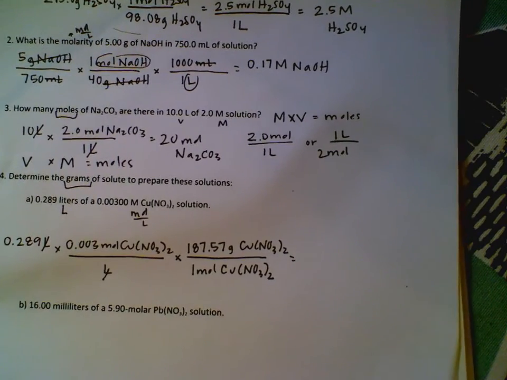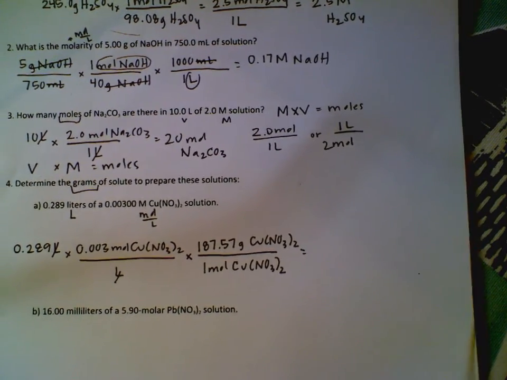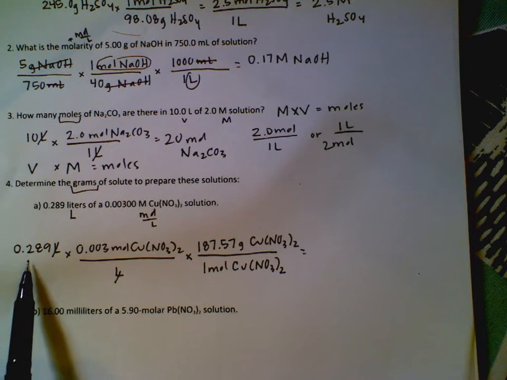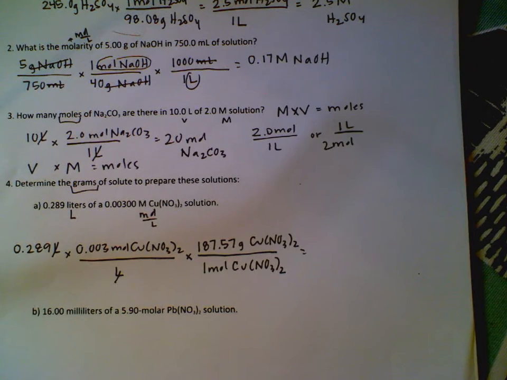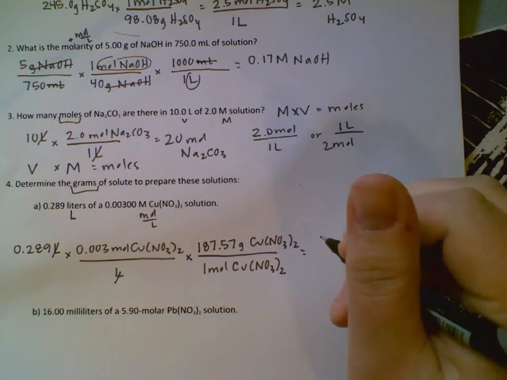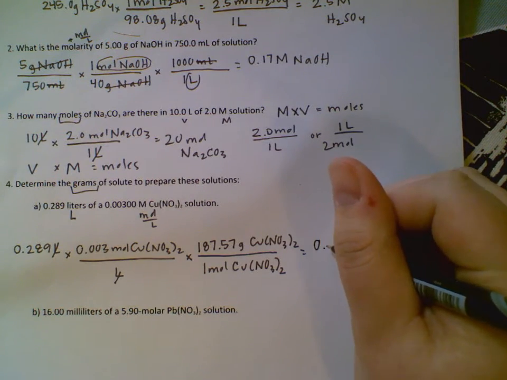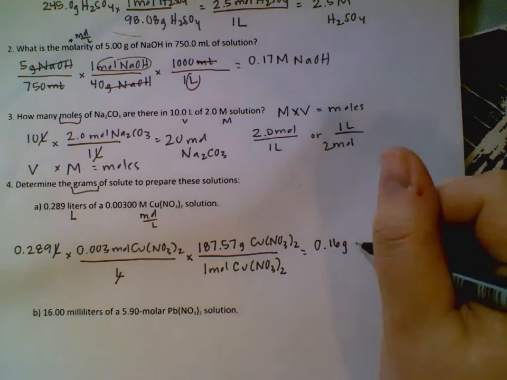All right, so what I want to put in my calculator then is 0.289 times 0.003 times 187.57 grams of the copper nitrate, and what I get at the end is that I need 0.16 grams of CuNO3.